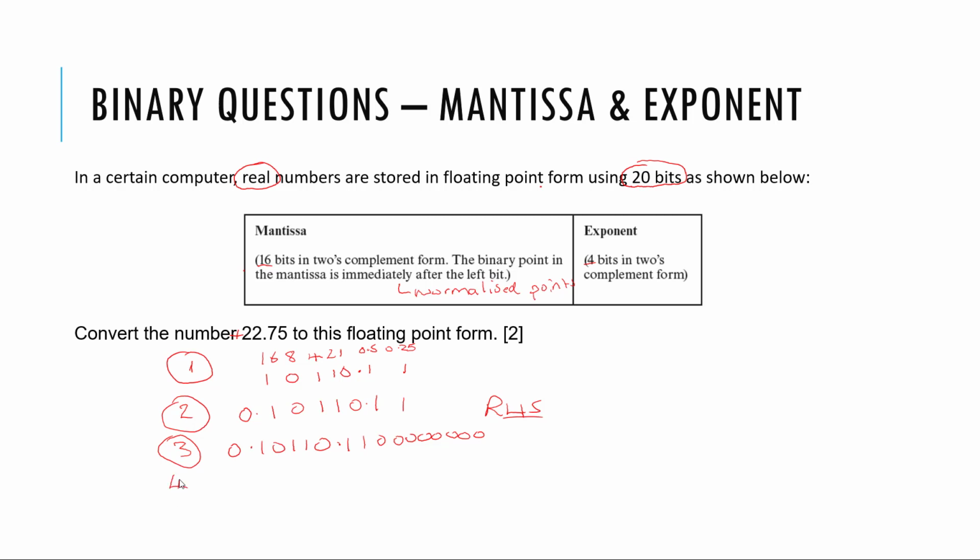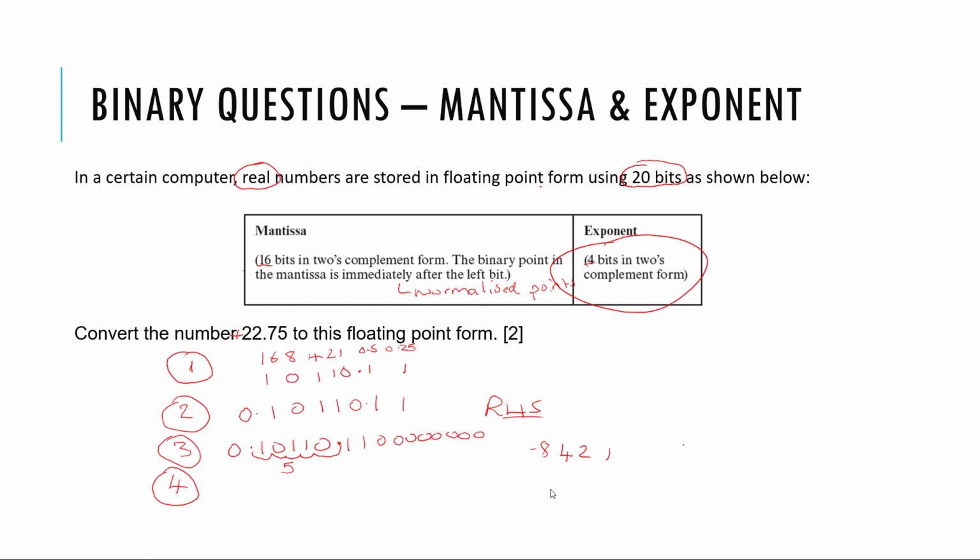After we've done that, we need to work out the exponent, and that is the difference between this decimal point and this decimal point. So I've travelled 1, 2, 3, 4, 5 places. 5 places my decimal point, and I have to represent the number 5 using 4 bits. So I can do 1, 2, 4, 8.